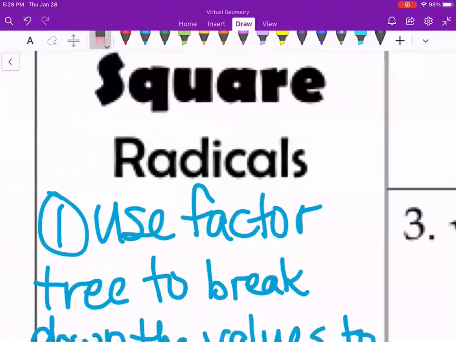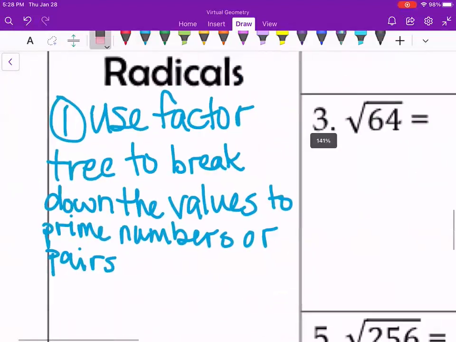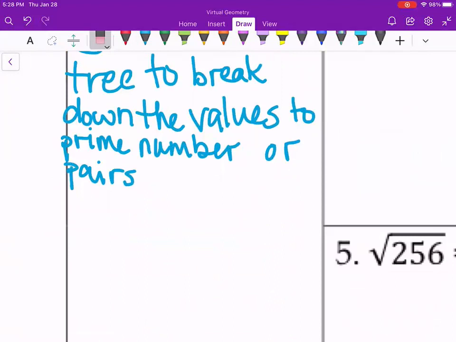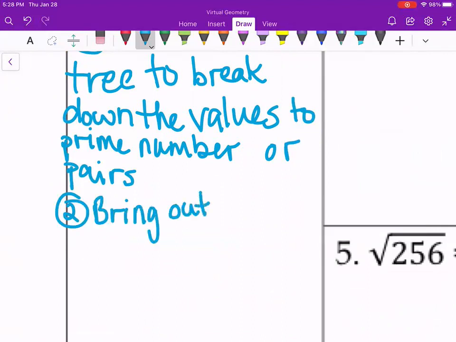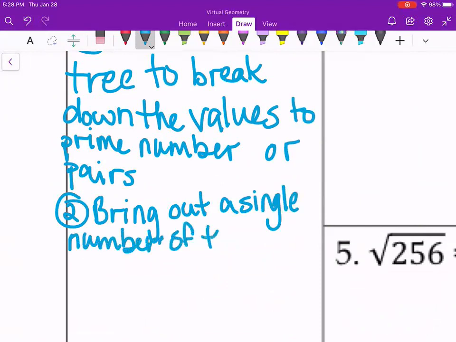Once I find a pair of numbers, that takes us to the next step. Once you find a pair, you bring out a single number of that pair.